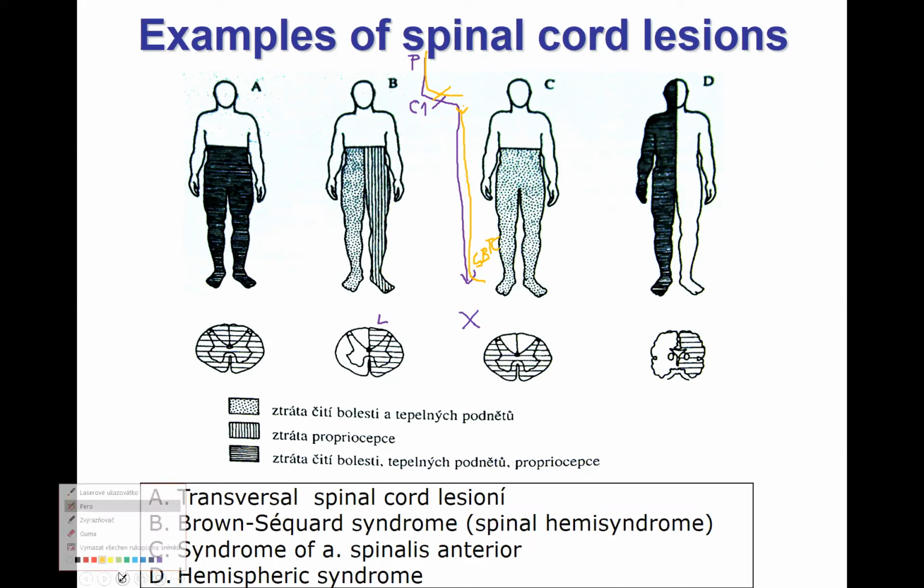But how is it with the pain? The pain comes here, it's synapsed, it crosses at the spinal level and goes up. So the patient has good pain feelings from this limb, but does not feel pain from the other limb. Now I show where the level is. The level is here.